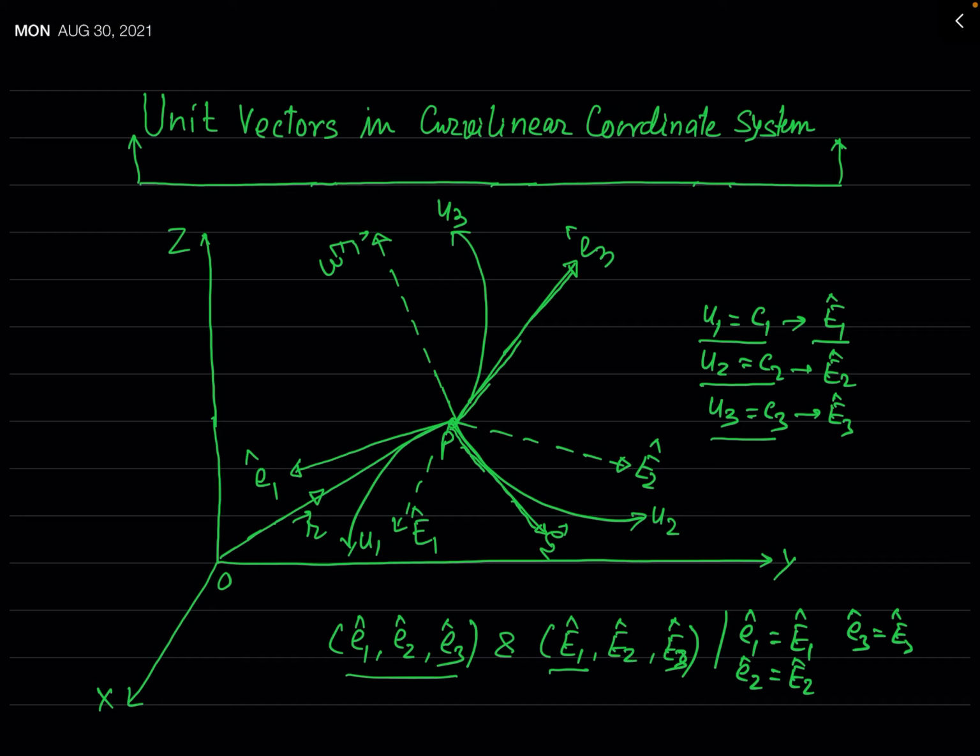So in the Cartesian coordinate system, the position vector of this point P with respect to O is r. As you have seen in the previous lecture, some transformation equations exist. So this position vector r can be expressed as a function of the generalized coordinates u1, u2 and u3.